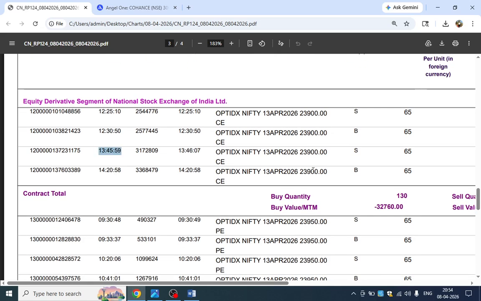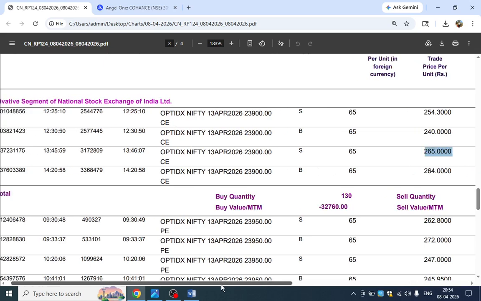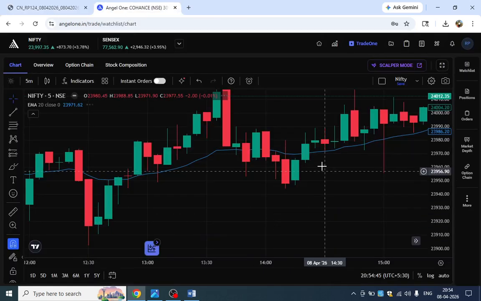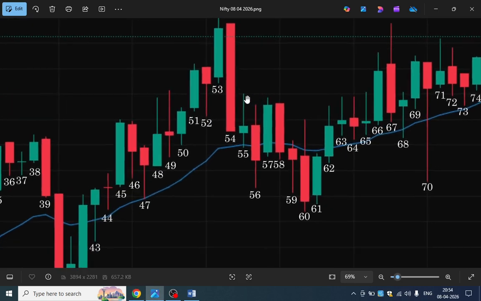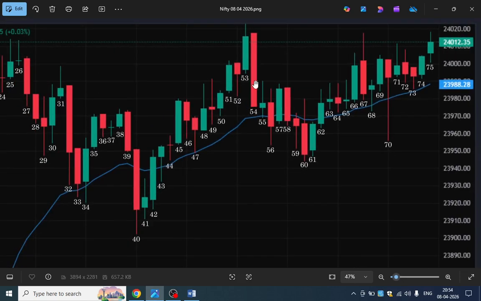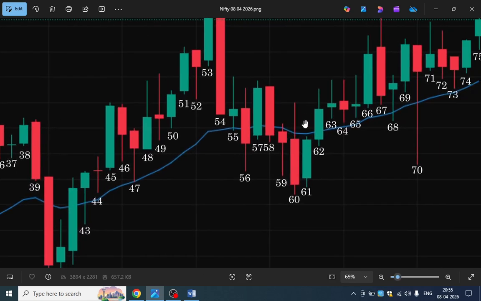at around 265 rupees, and I was thinking this, so I have sold one call around this position, which I shouldn't have done, but the bar was too big, so I took a trade and entered shorting a call, and I got out at break even.